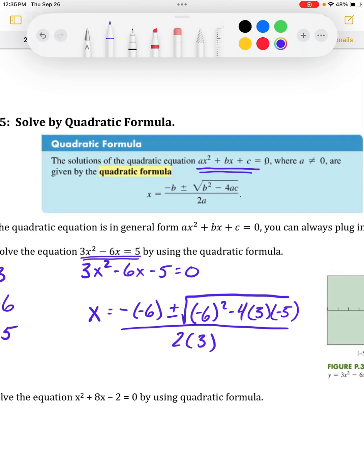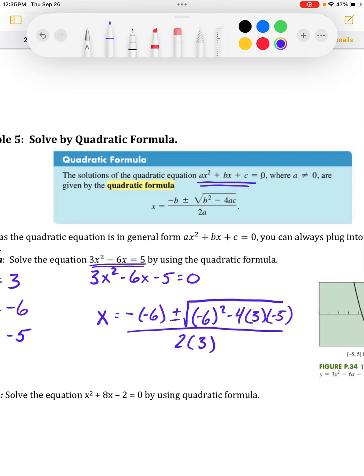Now we can start simplifying this. So we have x equals 6 plus or minus the square root of 36. -4 times -5 is 20, times 3 is 60, over 6. So I'll have x equals 6 plus or minus the square root of 96 over 6.